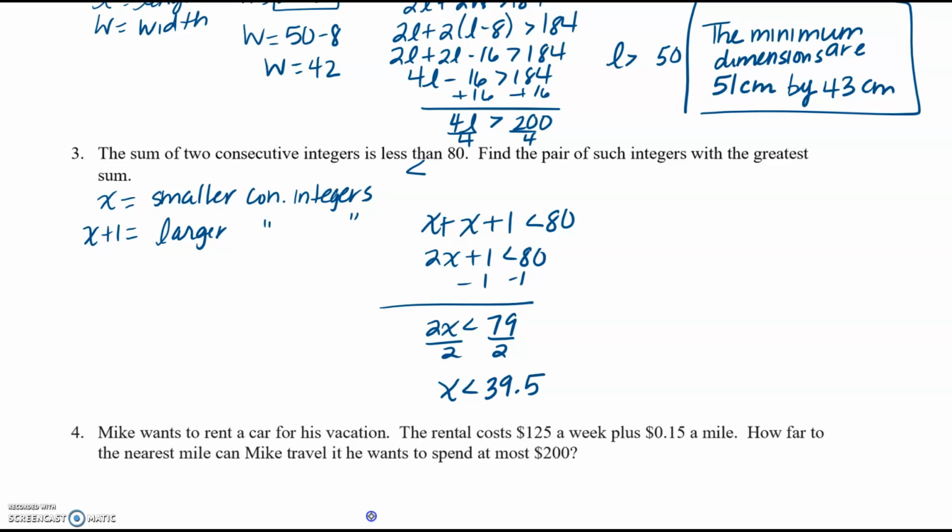Okay, two consecutive integers. Find a pair of integers with the greatest sum. So they have to be less than 39.5, and it's going to be consecutive.